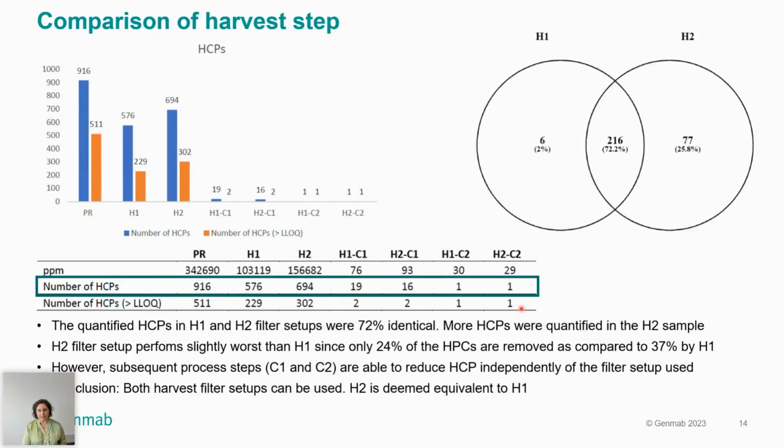At the end we end up with the same one protein. So in conclusion, with this information, we could actually show that both harvest filter setups were equivalent and could be used, and we showed this in our PLA.